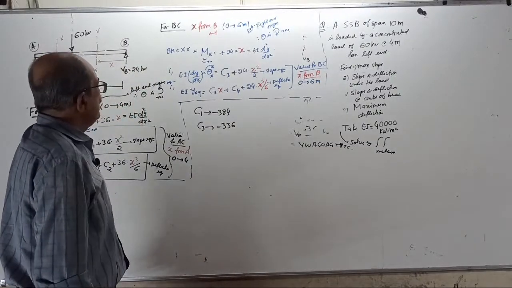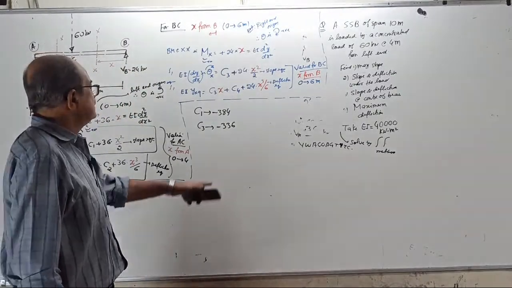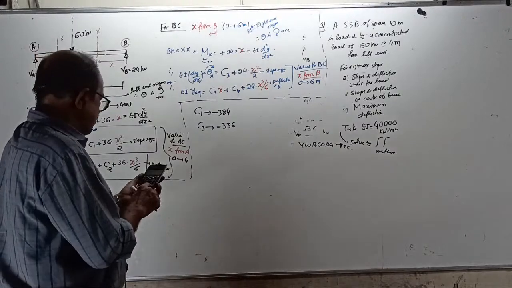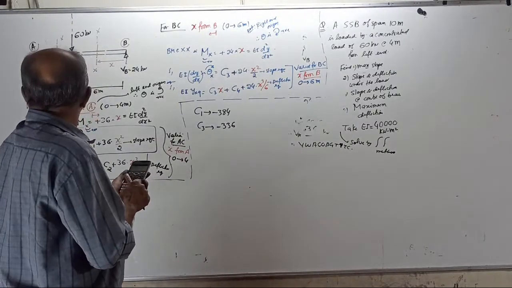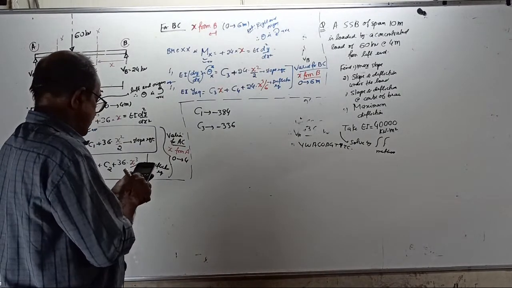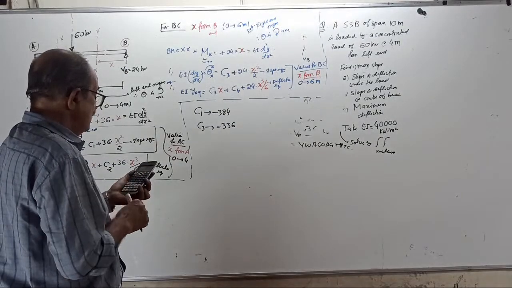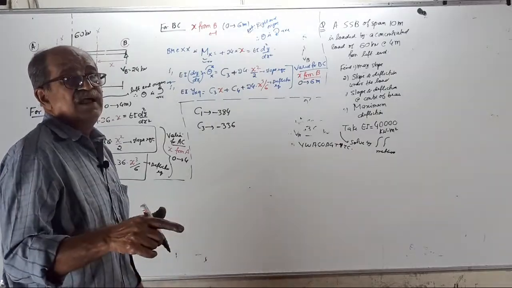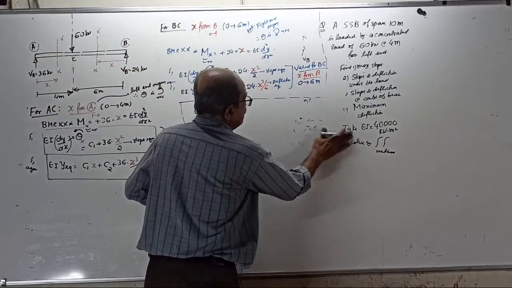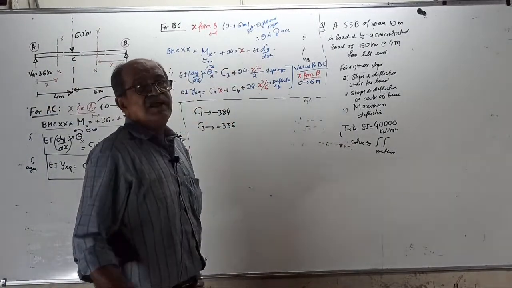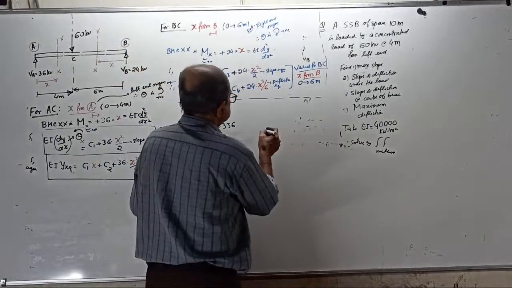Your C1 will come minus 384, C2 will come 0. I'll check once again. Yes, 336. And remember, I am going to write something today. Remind me tomorrow.